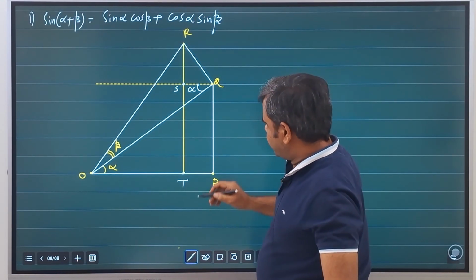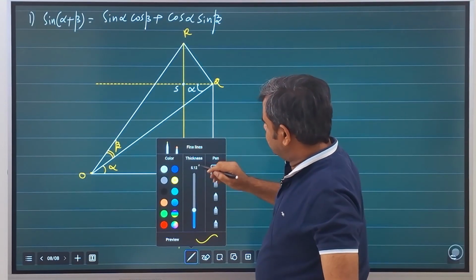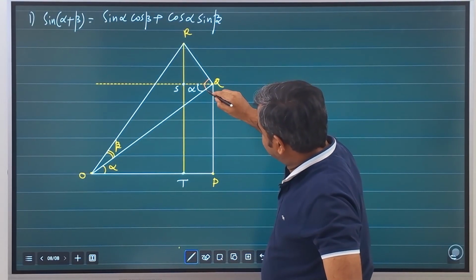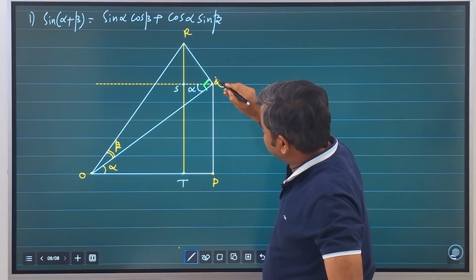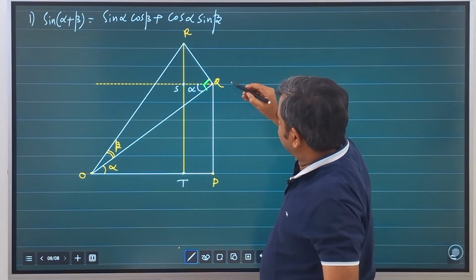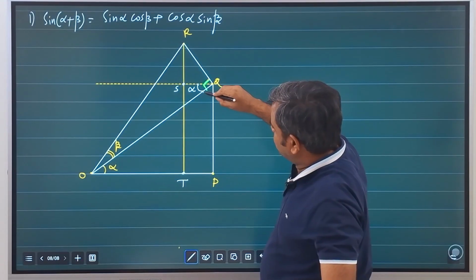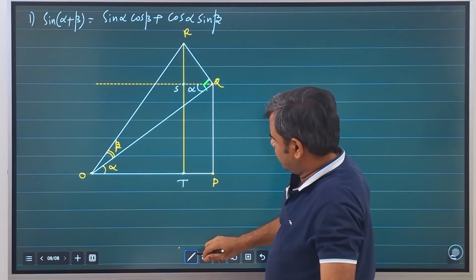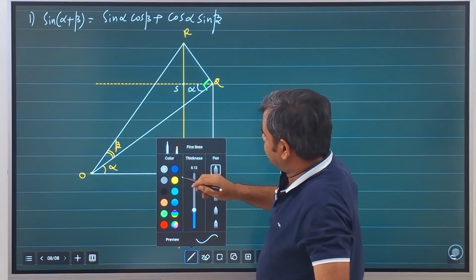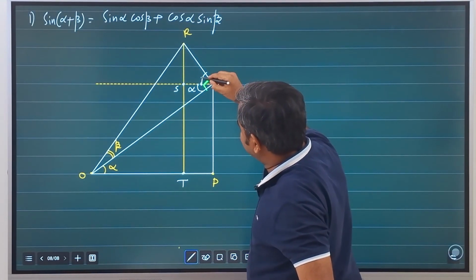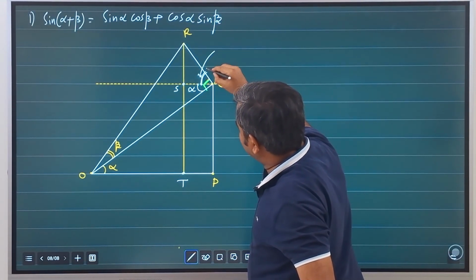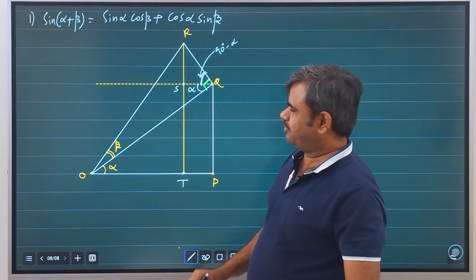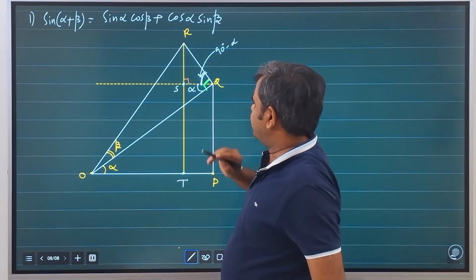In the right-angled triangle OQR, this angle is 90 degrees. Since that angle is 90 degrees, total angle is 90 degrees, but on one side of the dotted line it is alpha. So on the other side, angle should be how much? 90 degrees minus alpha. This angle is how much? 90 degrees minus alpha.